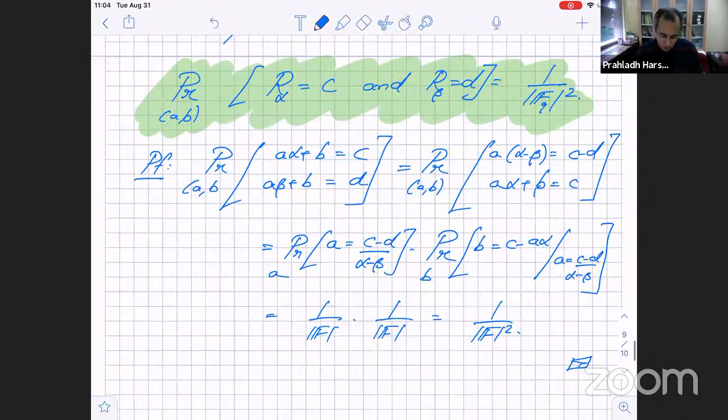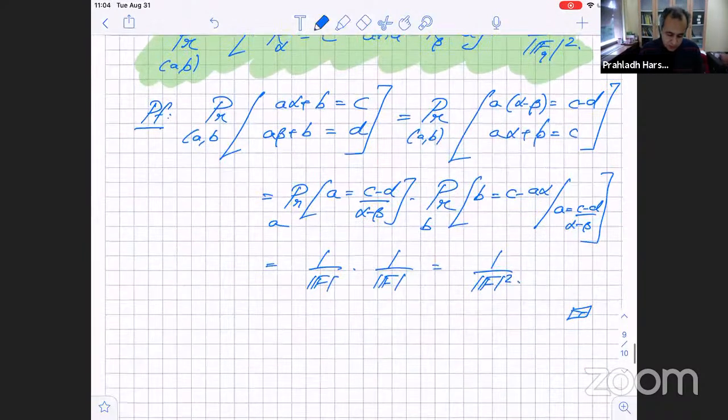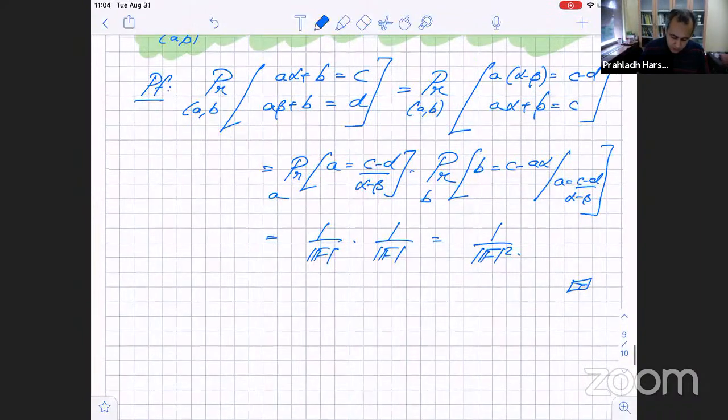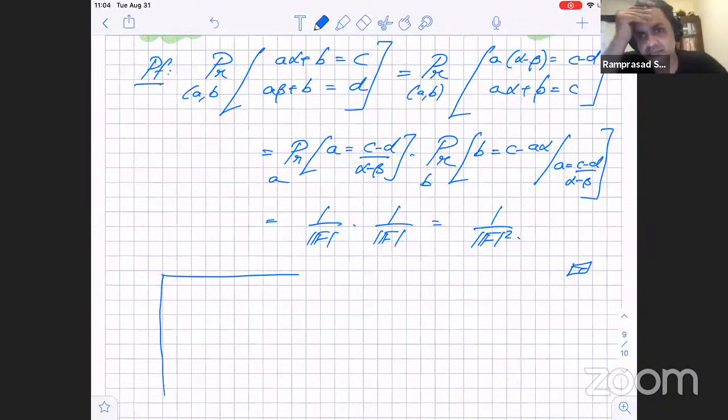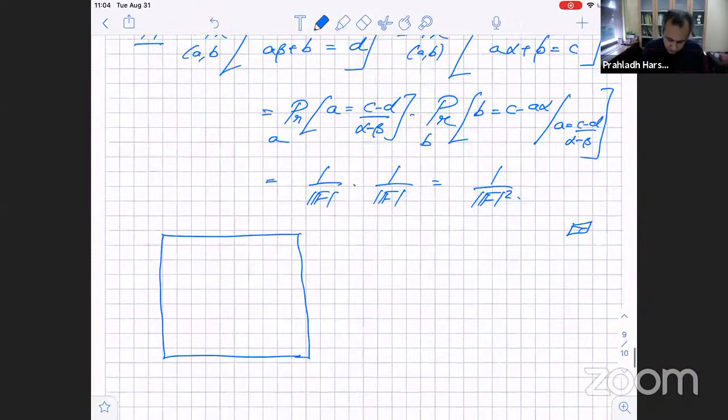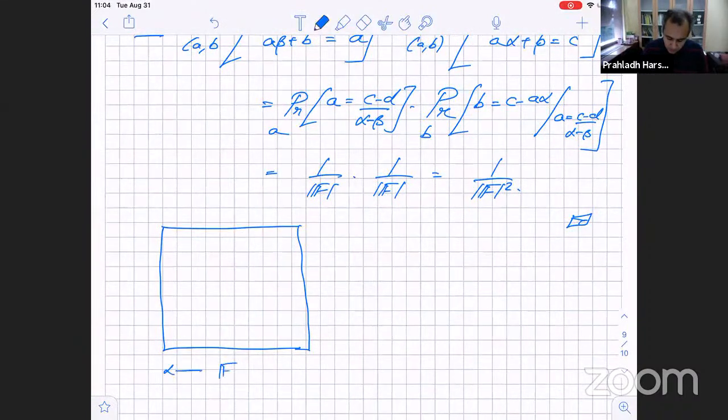So what is happening over here? Think of the plane F_Q cross F_Q. When I pick A and B, I'm picking a random line.